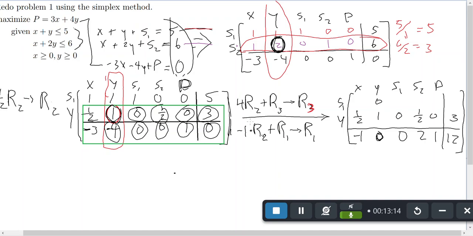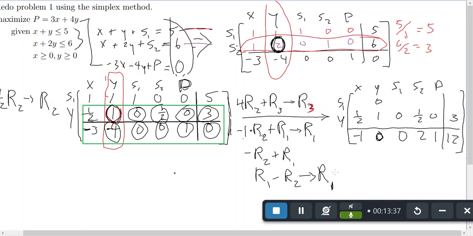All right, so then what? I want to do this -1 row 2 plus row 1, and replace row 1. That's basically minus row 2 plus row 1, or if you prefer to think of it as row 1 minus row 2, that's also okay, but it's going to replace row 1.